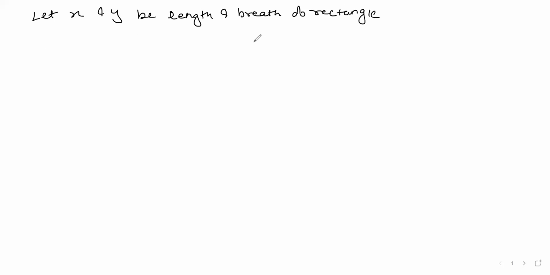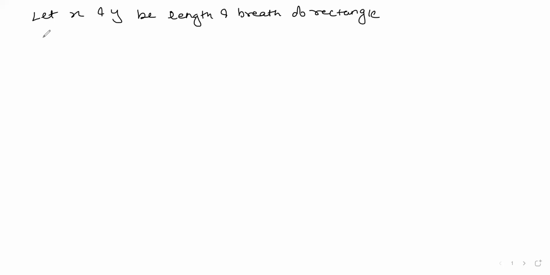Okay, so a metal wire of 36 centimeter long is bent to form a rectangle. Find its dimensions when its area is maximum. Now, if it is a rectangle, let x and y be the length and breadth of the rectangle. Now, the whole metal wire was 36 centimeter.